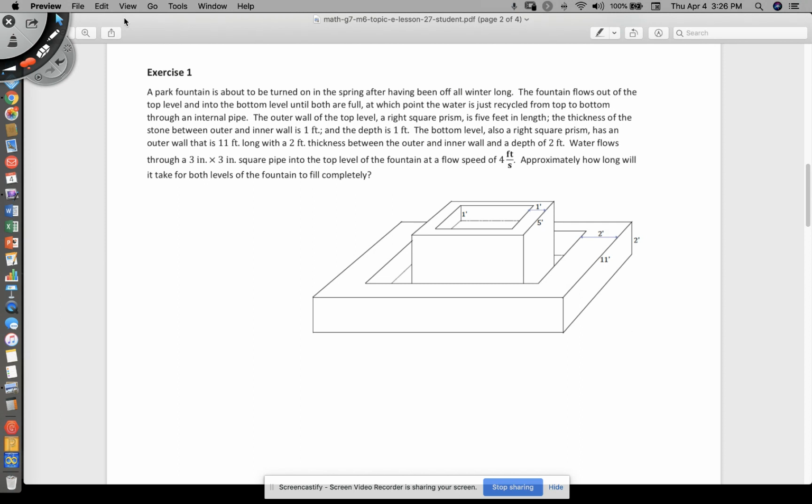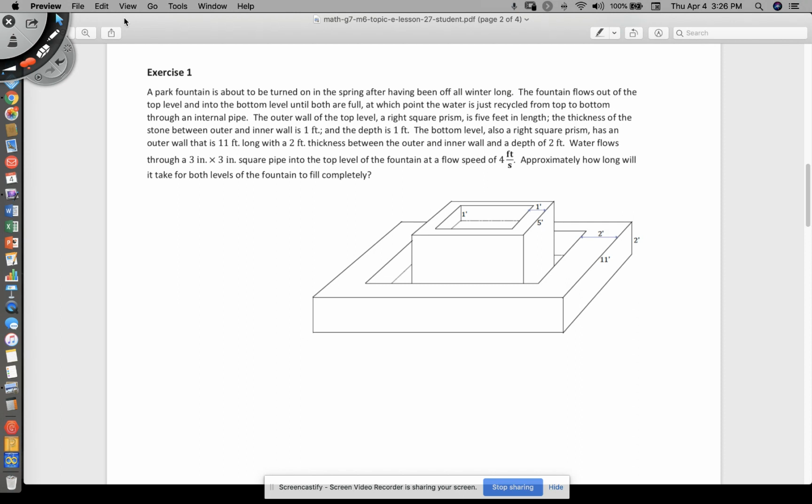Water flows through a 3" by 3" square pipe into the top level of the fountain at a flow speed of 4 feet per second. Approximately how long will it take for both levels of the fountain to fill completely?